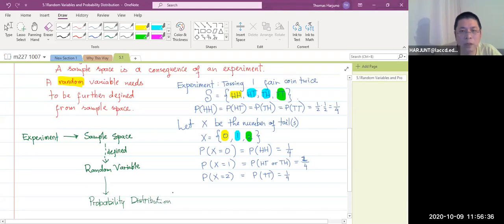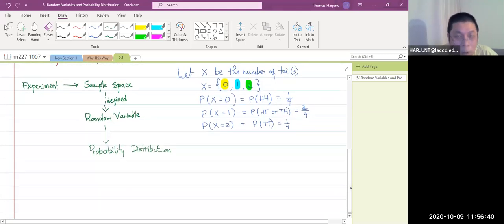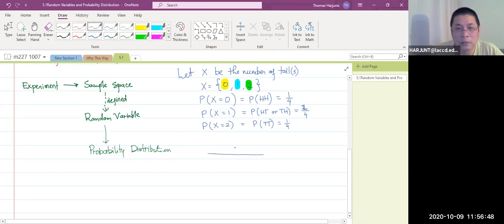What is probability distribution? The word distribution, just like you had before, remember frequency distribution? Frequency distribution is a table in which the first column is the outcome and the second column is frequency.